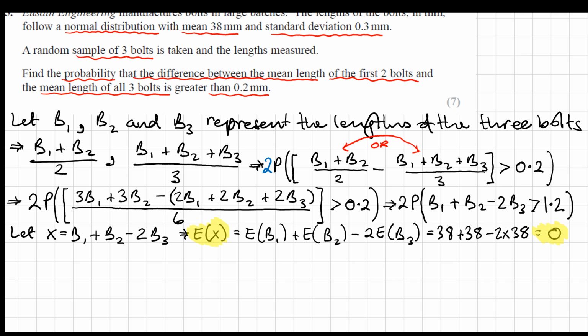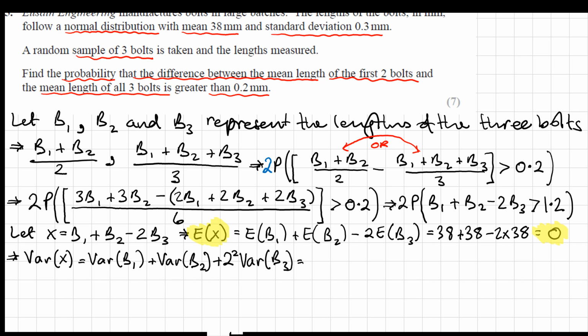Now let's work out the variance of X, and that will be the variance of B1 plus the variance of B2 plus, even though it's a minus, remember the rules for variances, plus, and this is like my a, so a squared, which is 4, so 2 squared times the variance of B3. Now up here we have the standard deviation, which is 0.3.